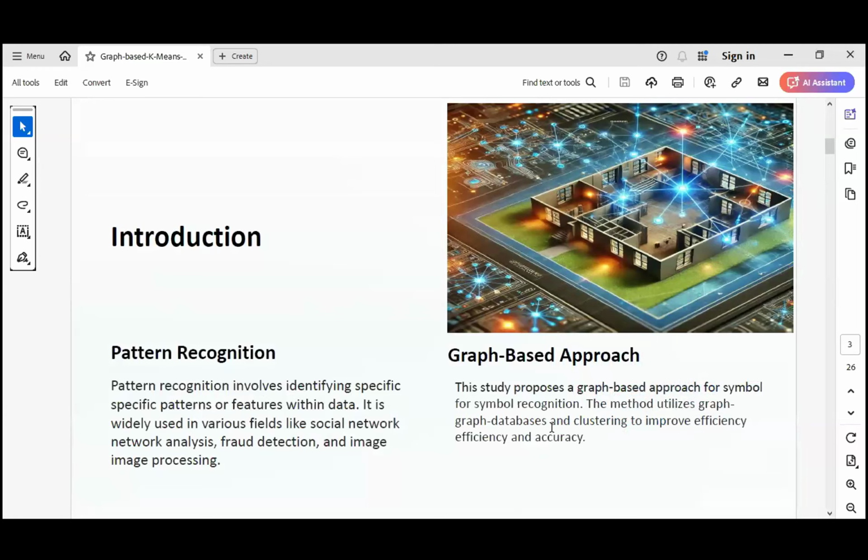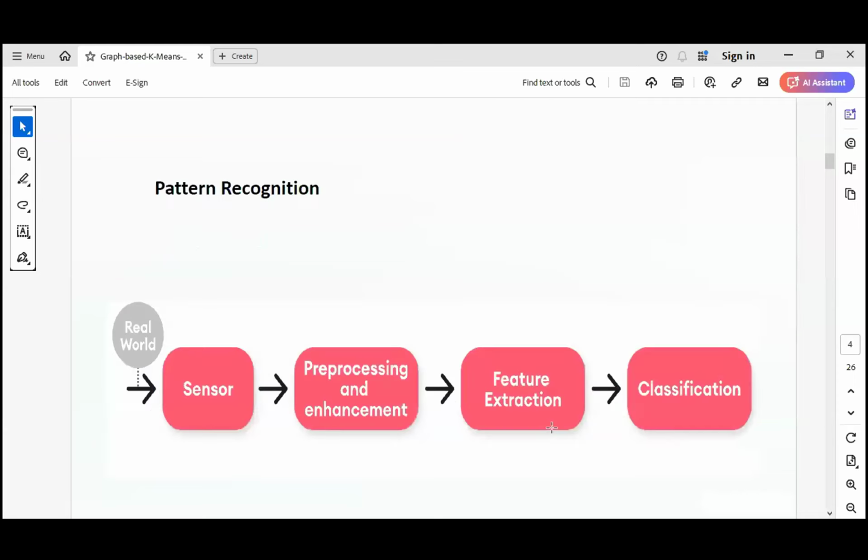This is the novelty of our work: we are using structural features of given images, converting them to graphs, arranging the graph database in a clustered manner, and then performing graph matching. This is the traditional pattern recognition system, where we acquire data, pre-process the data and extract features, and then pattern matching is performed to classify the objects into their respective categories.